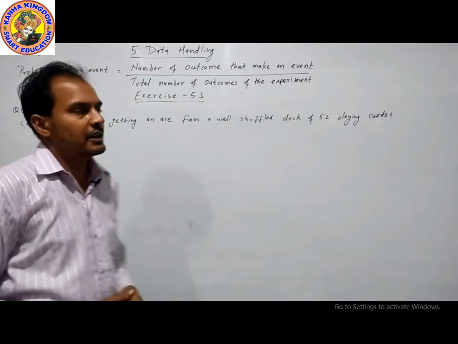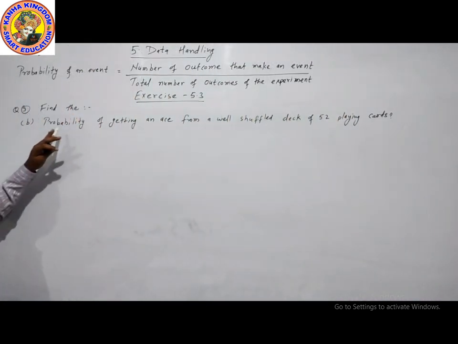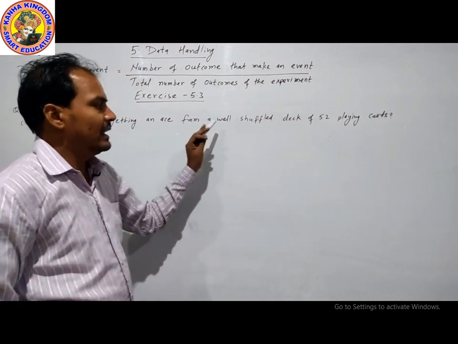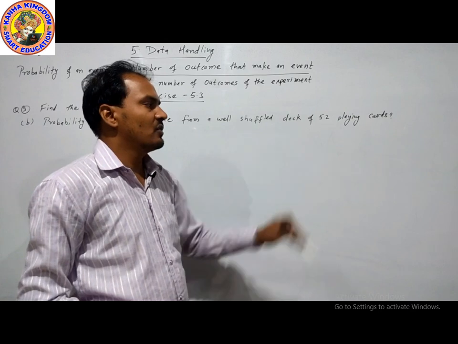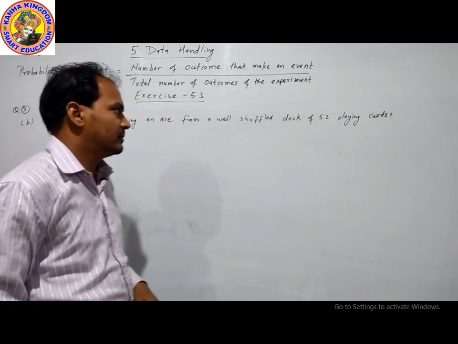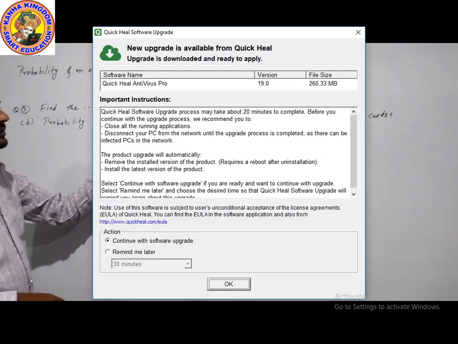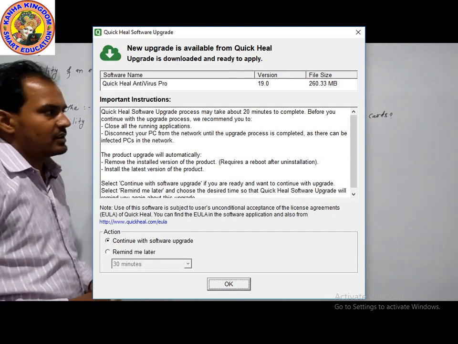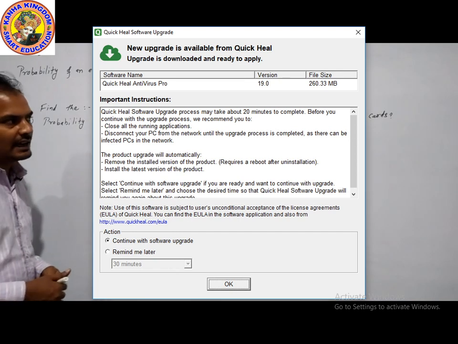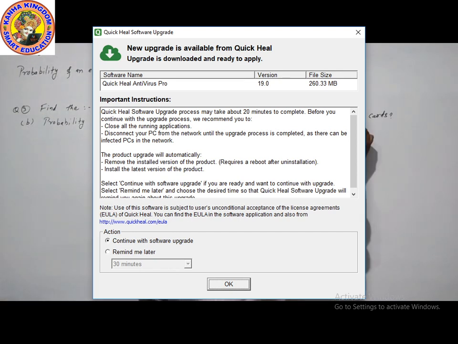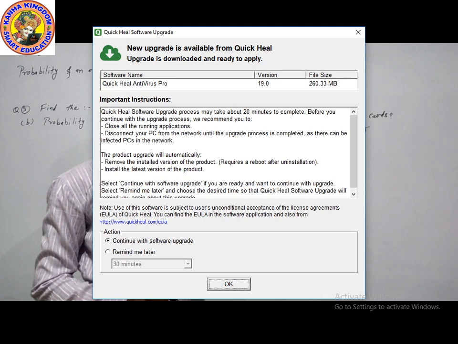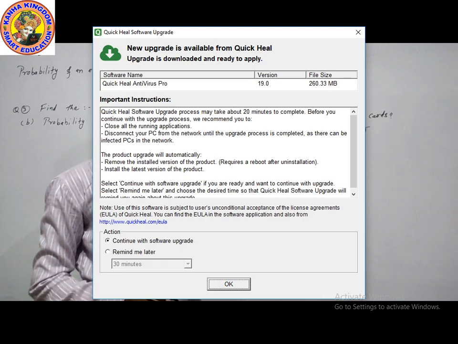Our next part is part B, probability of getting an S from a well shuffled deck of 52 playing cards. Probability for getting an S in 52 playing cards. In our local language, playing cards are our taas. So total playing cards are 52.